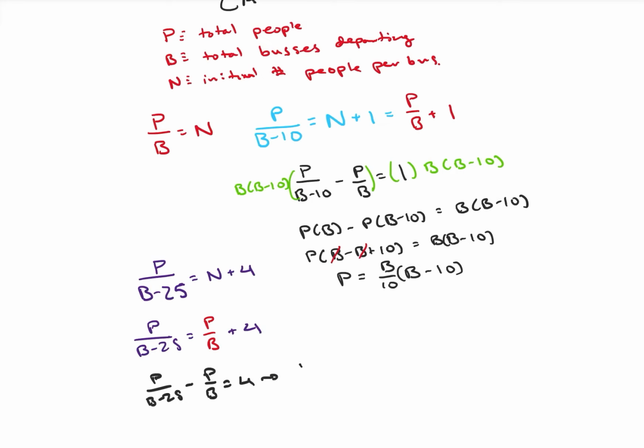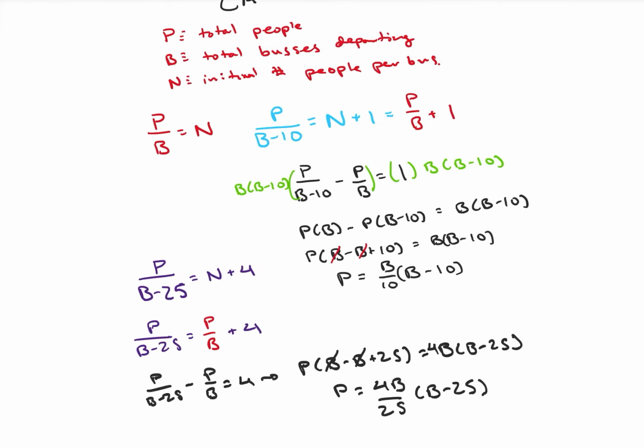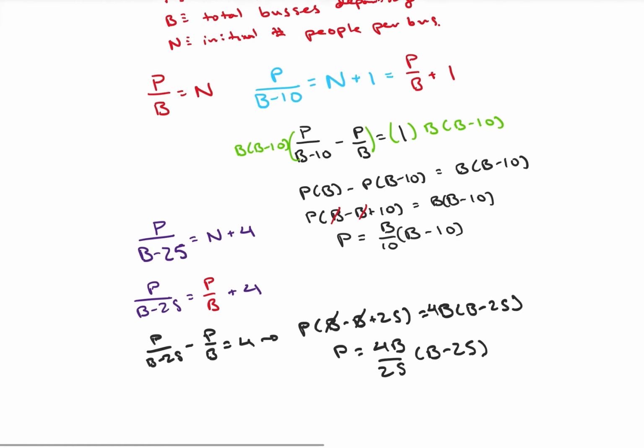That gives us P times 25 is equal to B times B minus 25. A couple things cancel, and we're going to be left with P equal to 4B over 25 times B minus 25. Use the exact same solution technique as above.